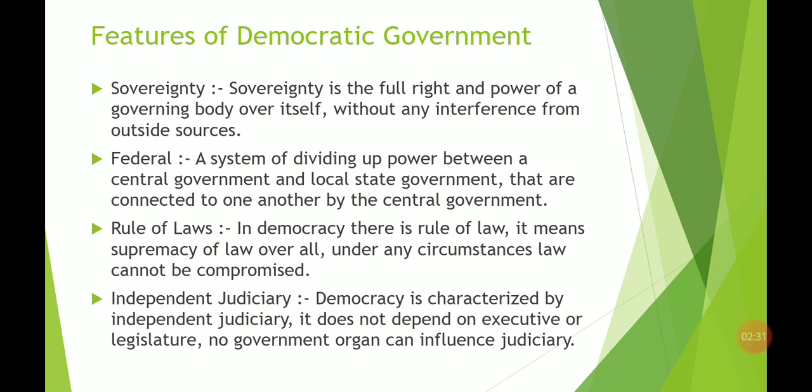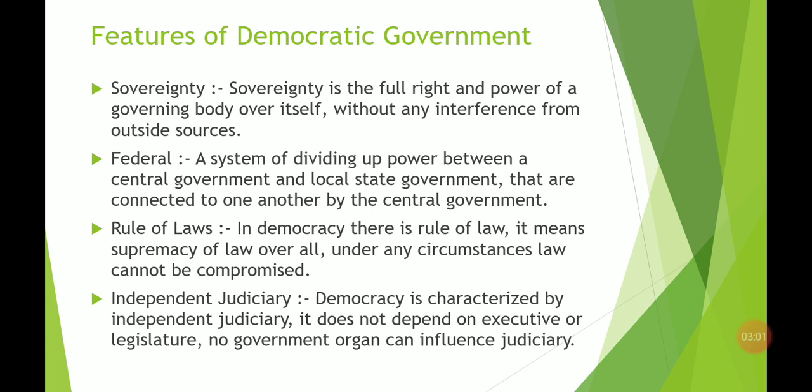Rule of law. This feature provides us the supremacy of law overall. It means that the law is meant for every person, irrespective of caste, religion, gender, education, color, whatsoever. Everybody is equal in front of the law, and this cannot be compromised in any circumstances.